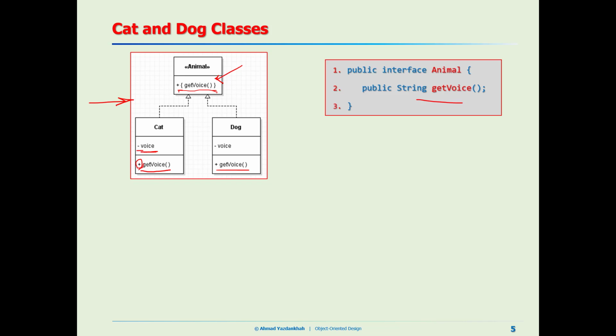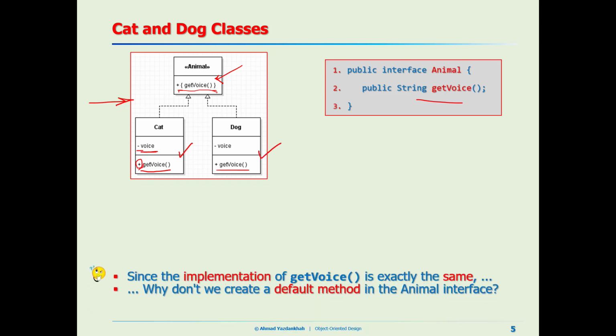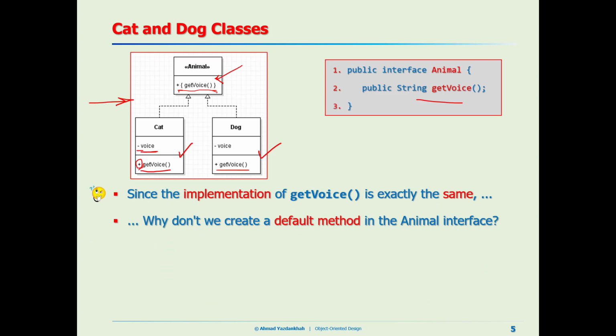So now the question is, this implementation of get voice in both dog and cat classes is exactly the same, as you saw in the previous slide. Why don't we create a default method in the animal interface instead of having an abstract method?